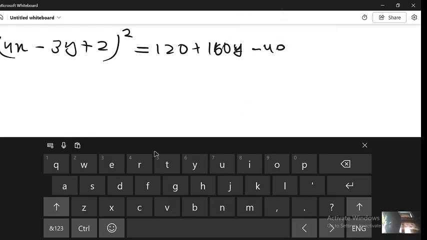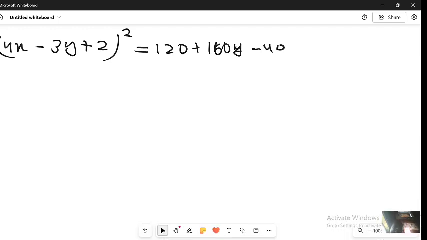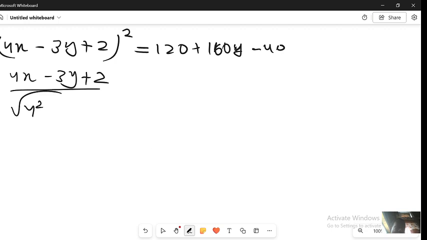Now from here, if I want to determine this one, I will have 4x minus 3y plus 2 divided by the square root of 4 squared plus minus 3 squared is going to be equal.